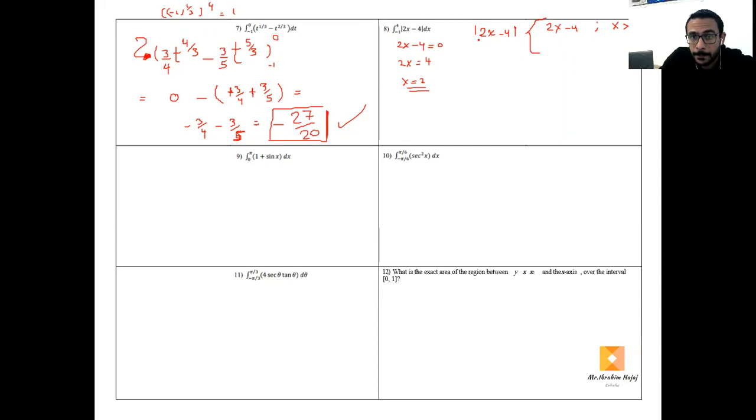When you substitute 2 for x, it gives 0. So the function is 0 in this case. Then you have negative 2x plus 4 when x is less than 2.